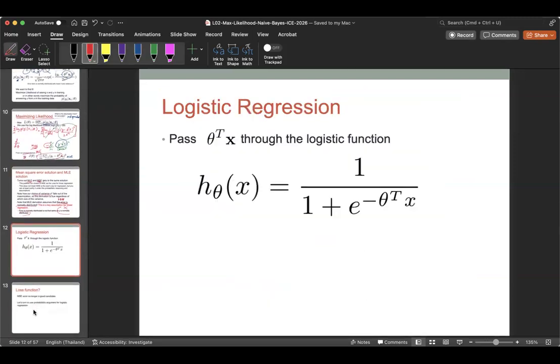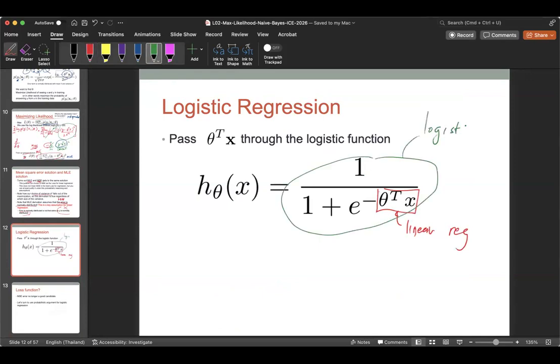All right. Now let's go to logistic regression. In logistic regression, this is our model. We have the linear regression part, but we pass it to the logistic function. So this is the logistic function.